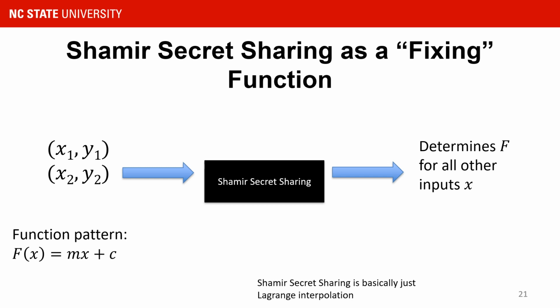And we know that the function pattern is f of x equals mx plus c. Now, in general, t plus 1 points uniquely determine a degree t polynomial. So I will show you how the signers are going to use this in the ring signature scheme.